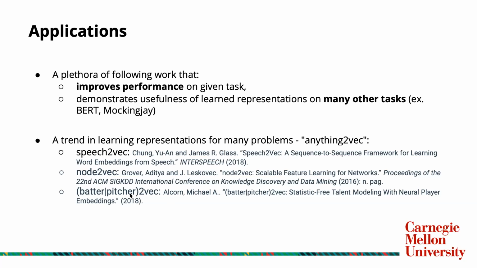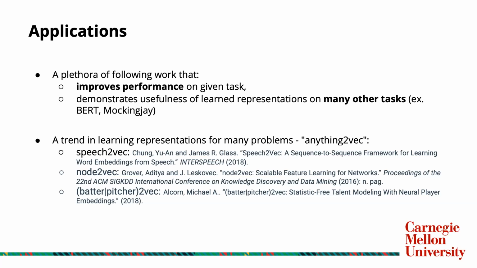So the trend in learning representations for many problems is that you have a lot of papers coming out which are anything-to-vec, where you can convert any sort of problem and embed it in latent space and come up with a vector to represent that. For example, there's speech-to-vec. There's something called node-to-vec, which takes an entire graph and comes up with a vector representing that entire graph.